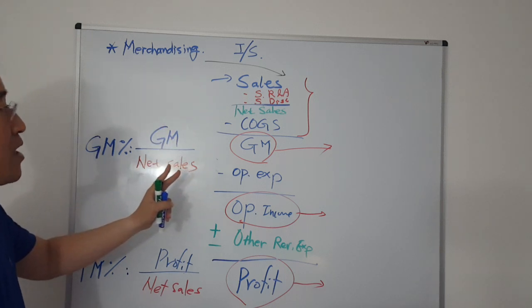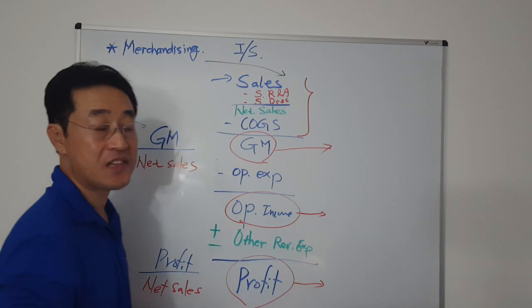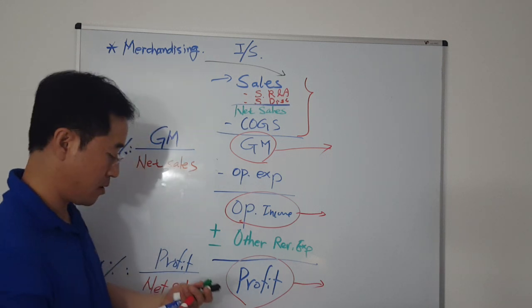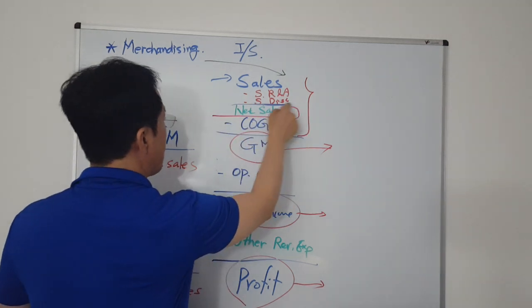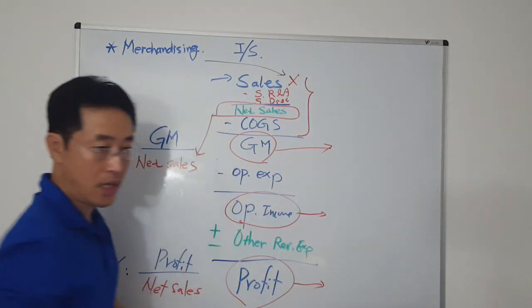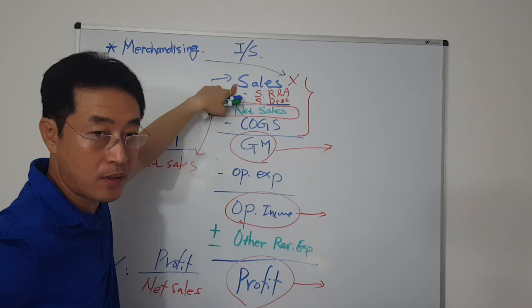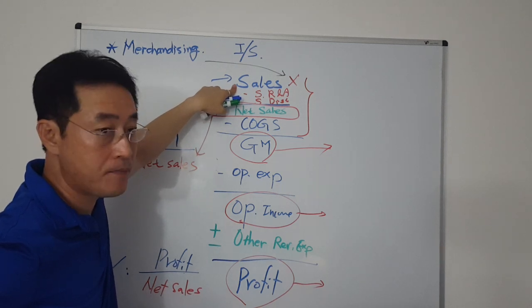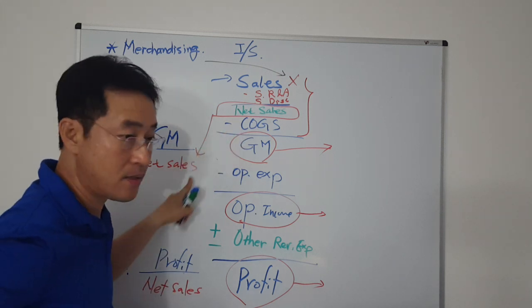If we have any ratios by using income statement, I can say over 99% case, we use net sales, not this gross sale. Why? This is not real amount we can expect to collect. All right? Net sale is the real amount.